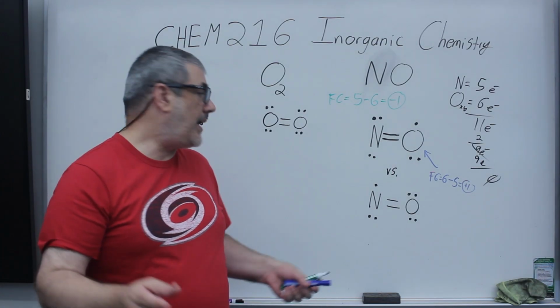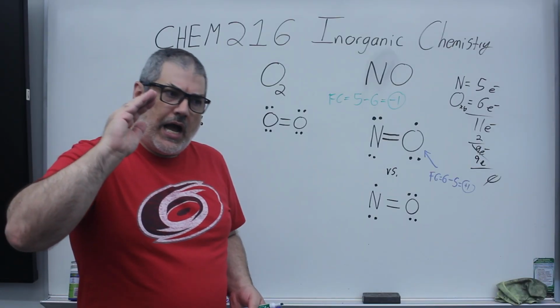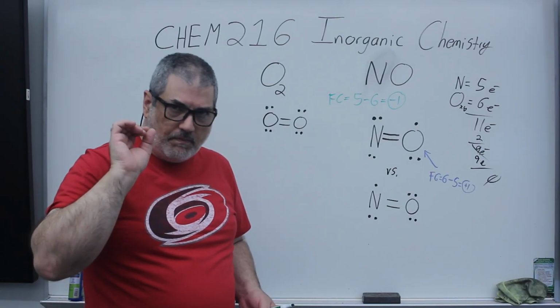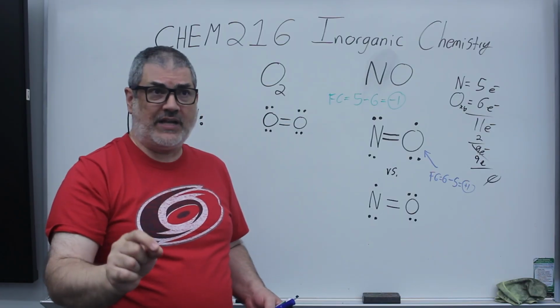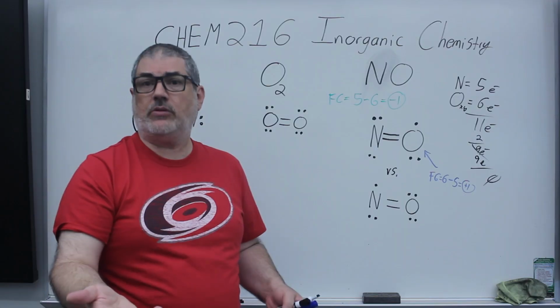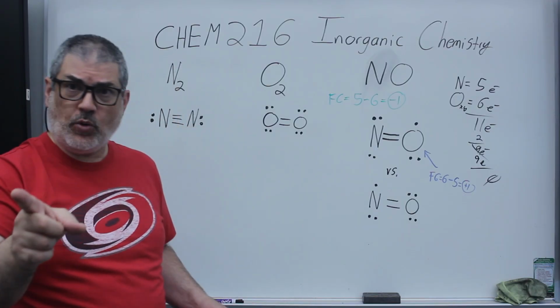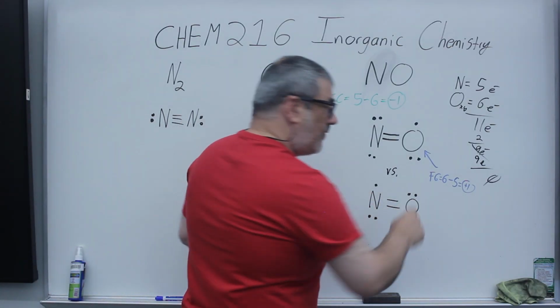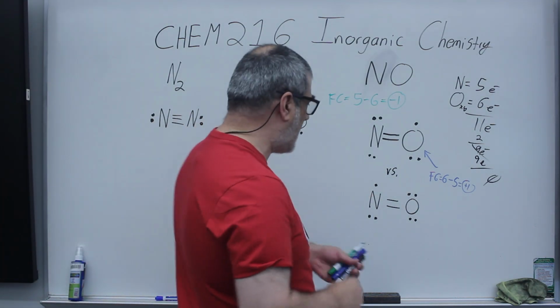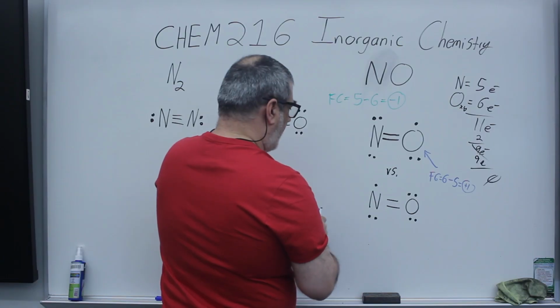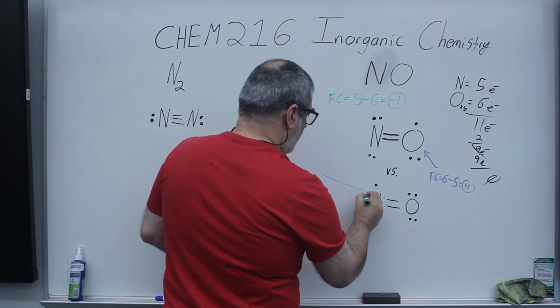Let's see if we can do better. Ideally, molecules will have 0 formal charge. However, there are circumstances where formal charge is absolutely necessary. But here we've got a choice, because we can move that radical electron, that free electron, back and forth between the nitrogen and oxygen. So now let's try this again on the second variation.